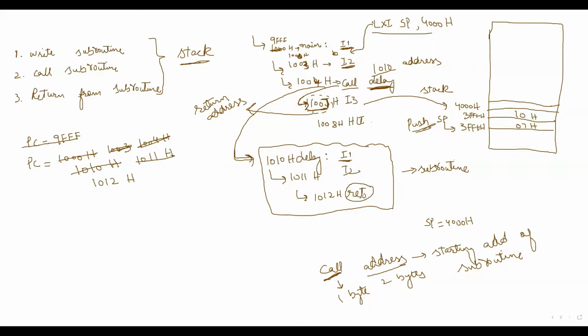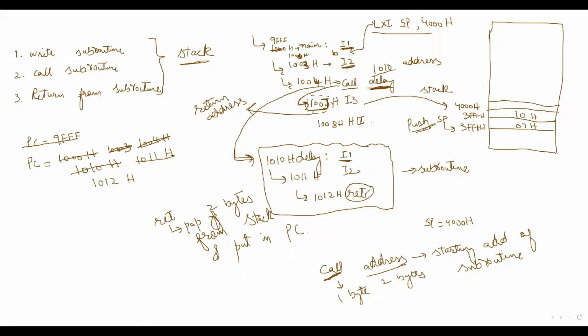So instruction is return. So what is return instruction doing? Return instruction is automatically pop 2 bytes from stack and put in PC. Okay. So this is the functionality of a return instruction.